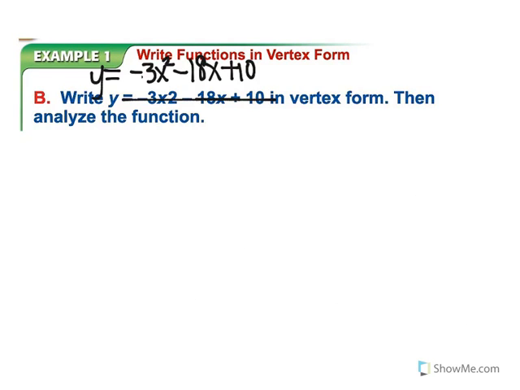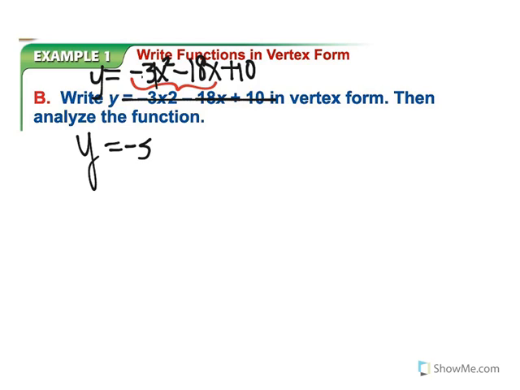Next example. It says write y equals -3x squared minus 18x plus 10 in vertex form, then analyze the function. So I'm going to take this function, and for the first two terms, I'm going to factor out a -3 because I don't want to deal with that 3 on the x squared term.